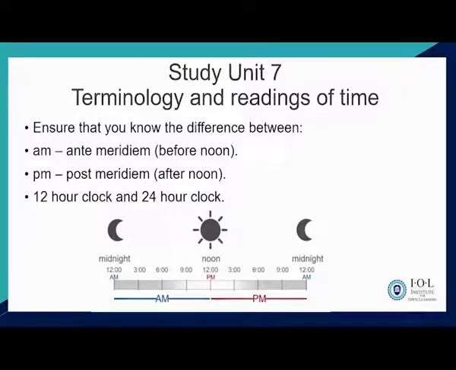So AM is from 12 at night to 12 o'clock midday. PM is post meridiem, afternoon, from 12 o'clock midday to 12 o'clock at night. Then, know the difference between a 12-hour clock and a 24-hour clock. At the bottom, I gave you a picture that you won't forget, so you can learn that picture. Good.